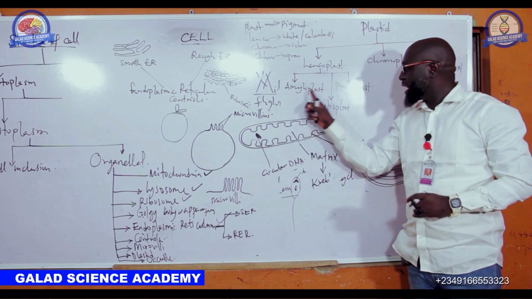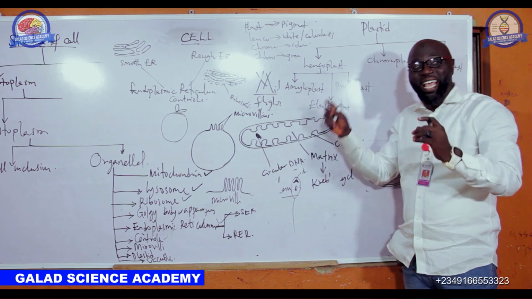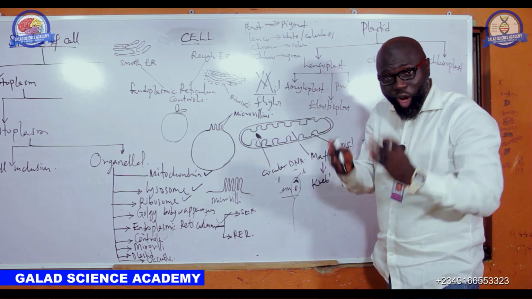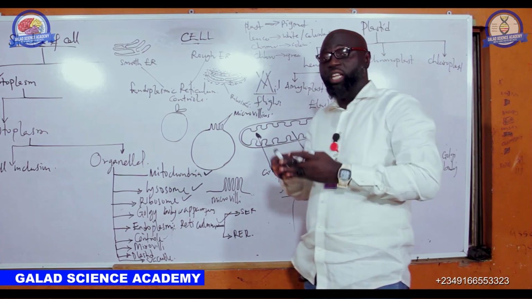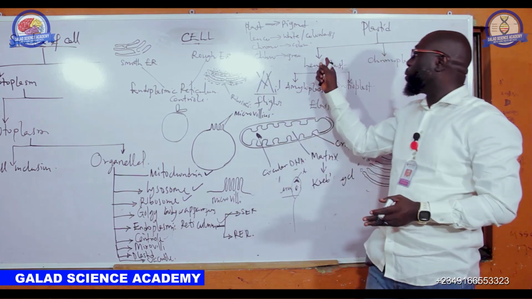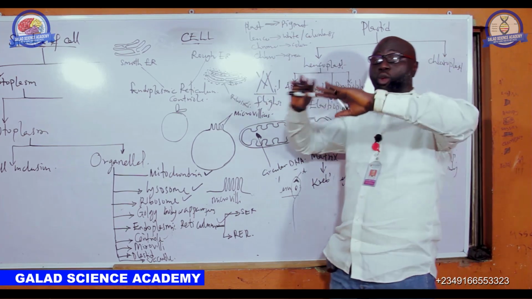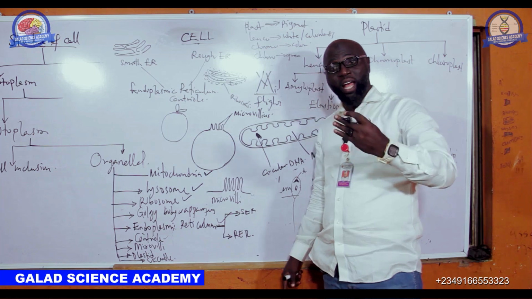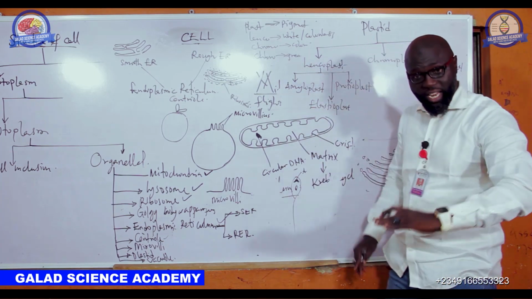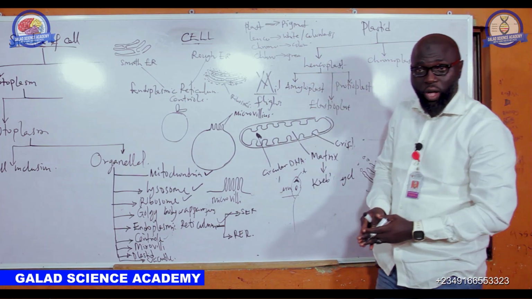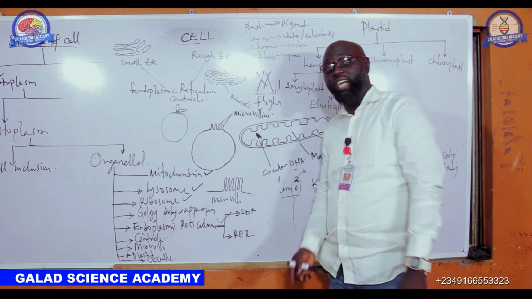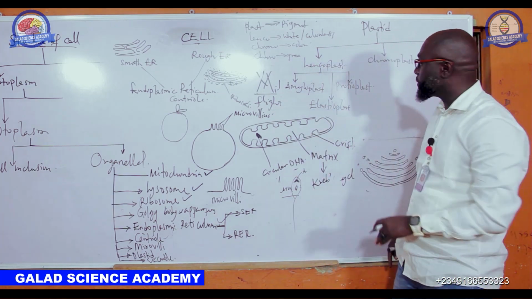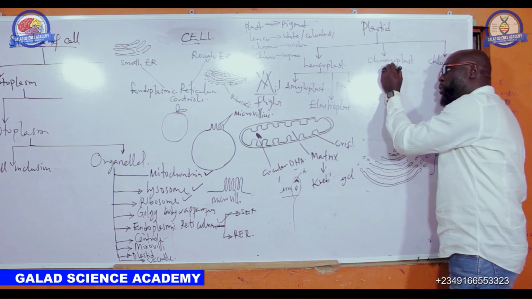So the amyloplast, elaioplast, and proteoplast are storage pigments in the plant, generally called leucoplast, and they are colorless. They can be found in parts of the plant where light cannot reach, like roots and some underground stems, which are called rhizomes.